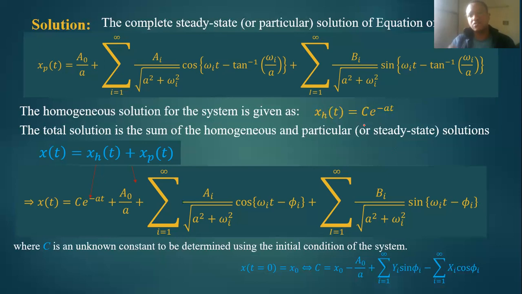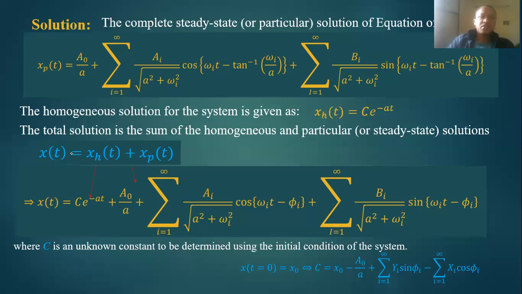When I say boundary condition, whenever there is some kind of force boundary or displacement boundary, then we call it a boundary condition. But here we call it the initial condition. So knowing the initial condition, we can find this c.